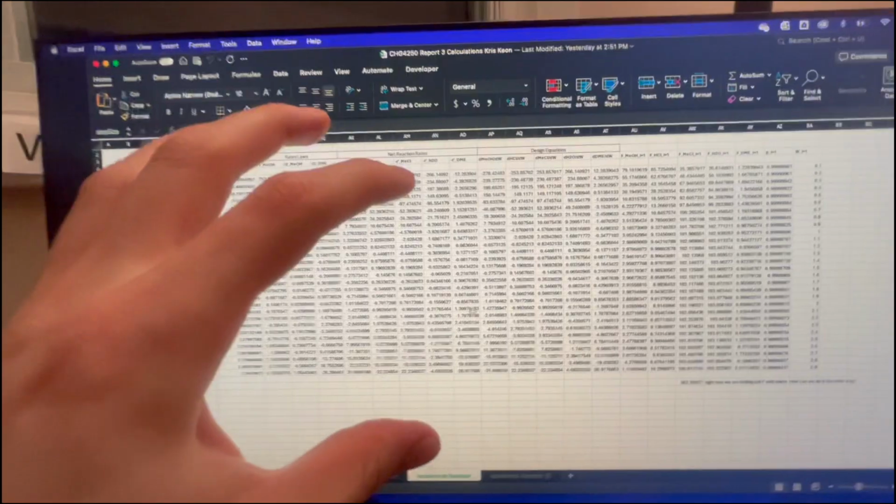HYSYS is a software used to simulate chemical processes, but for this project I have to fully design the reactor, so I can't just use whatever values I got in HYSYS. It's a good indication though: if they're similar, then I know I'm doing something correct, but I have to prove everything. So it means that everything we've done here is pretty much correct.